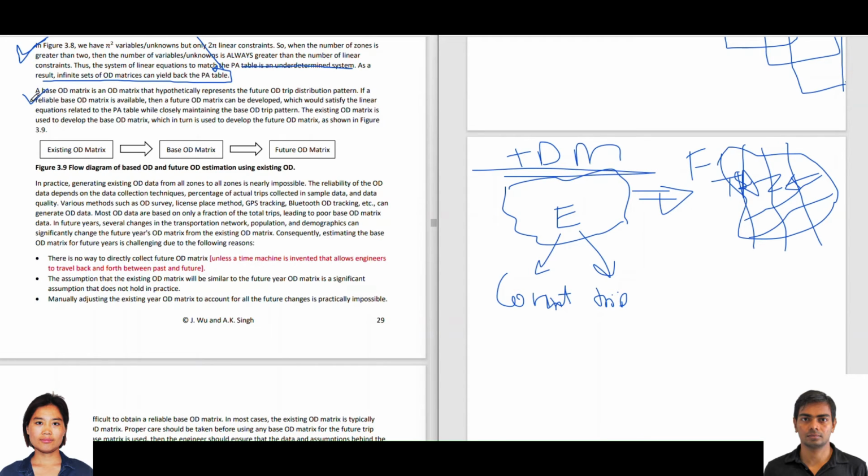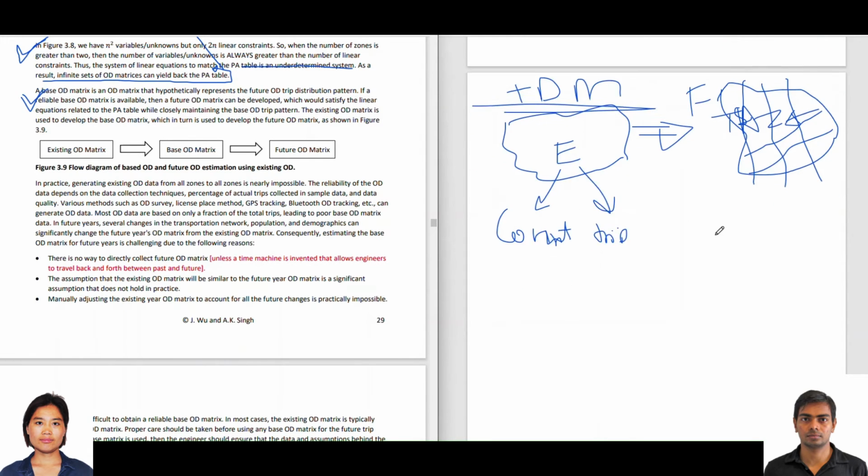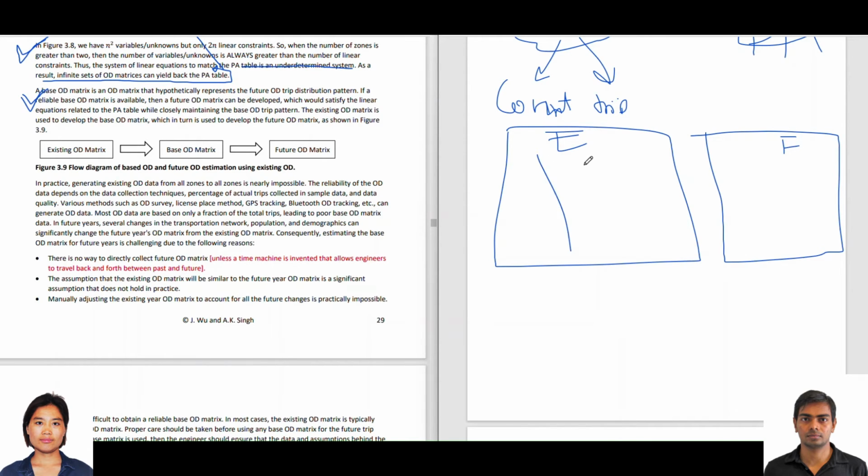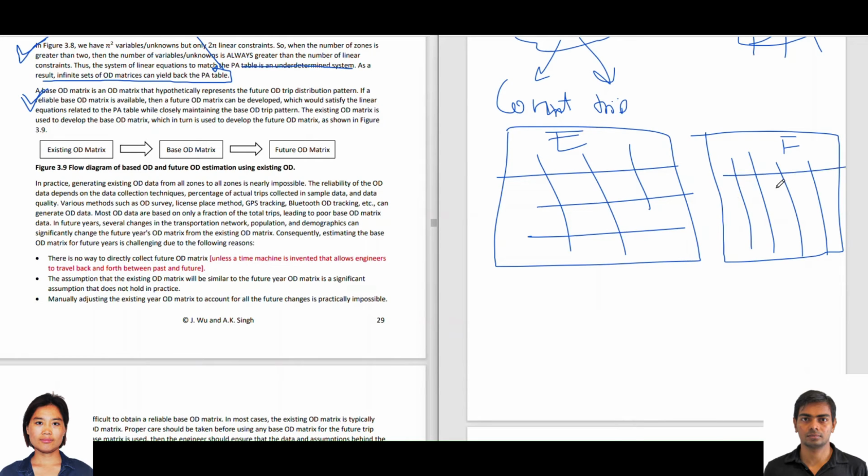So what this paragraph introduces is something called base metrics. Let's say this is my existing network, and this is my future network, and let's say this is a roadway network. This is my future roadway network with more roads and more complications, and there are some developments here in existing, whereas in future there are developments everywhere.